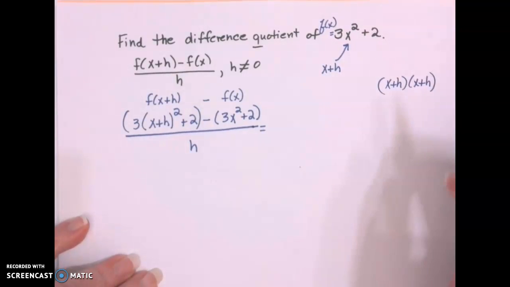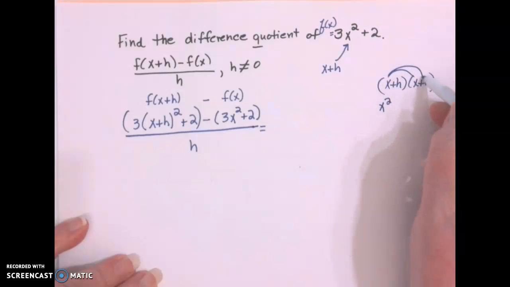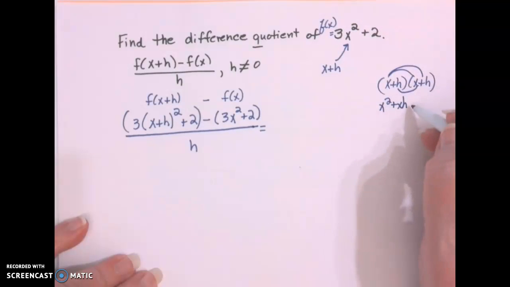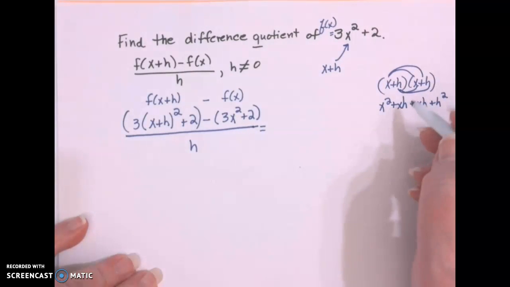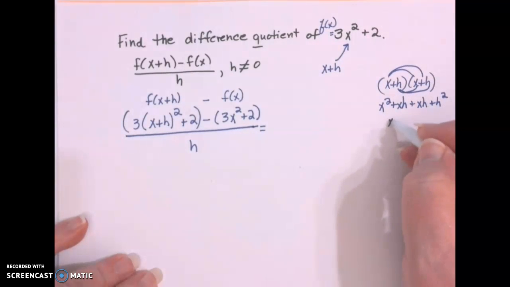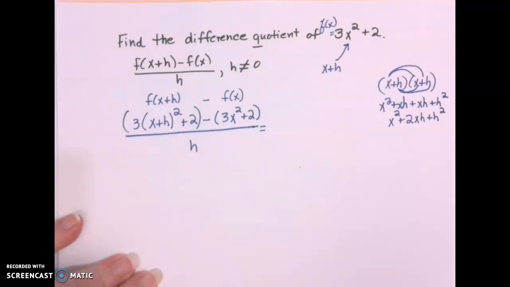I'm going to FOIL that, so I have x times x is x squared, x times h is plus xh, h times x is also plus xh, and h times h gives me h squared. So when I combine my middle terms, my like terms, I have x squared plus 2xh plus h squared.